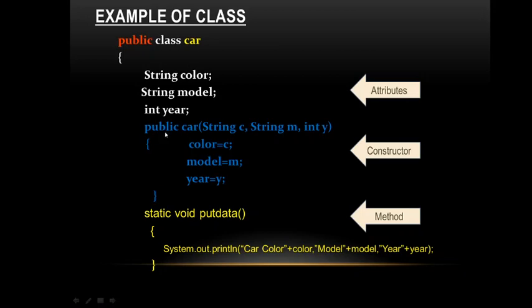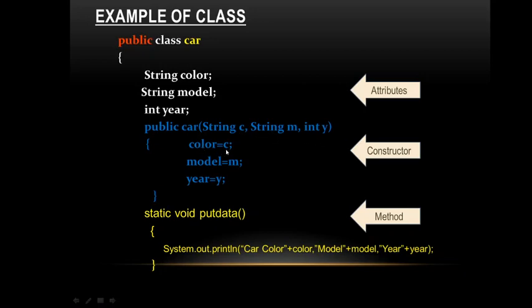Then we have the constructor here, public car, string C, string M, integer Y. Here you can see this color variable is actually this one, and it is initialized by a variable C. In this constructor we are giving C, M and Y as input.